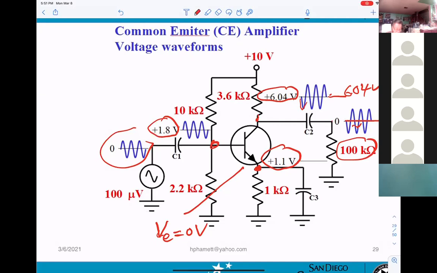So when you work with this transistor and measure the AC, you must set your oscilloscope to AC coupling. It blocks the DC so you're able to measure your AC voltage. Otherwise, no way: 100 microvolt compared to 1.8 volt, you cannot see your sine wave.